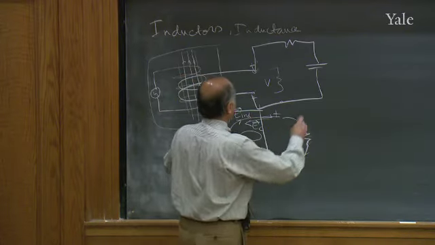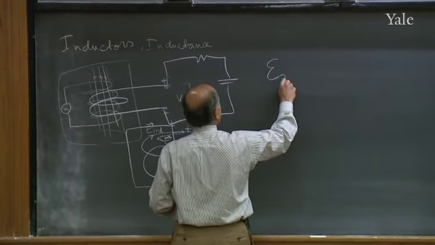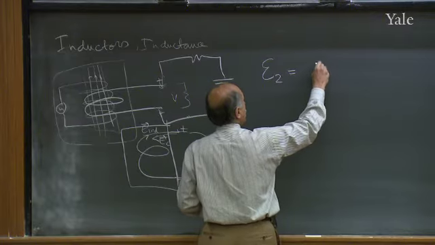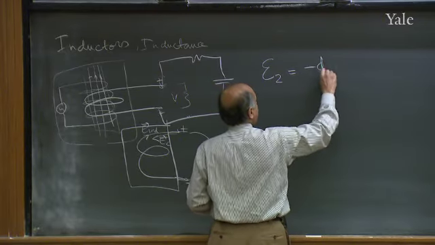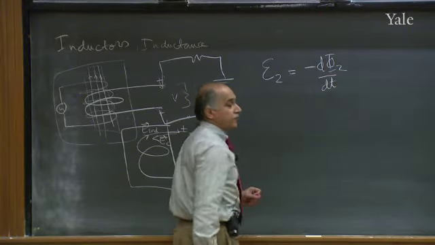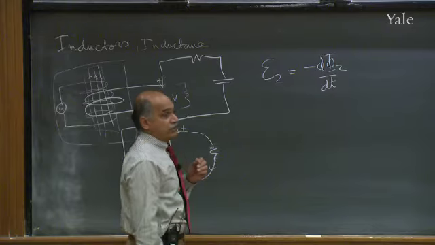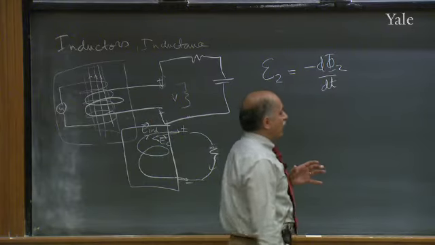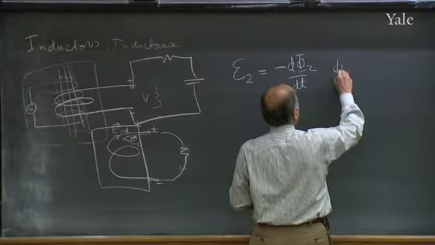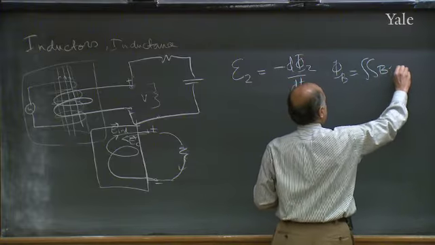Now, we saw that the EMF in the second coil is equal to the rate of change, d by dt, of the flux in the second coil. Now, you've got to be a little careful about flux. Normally, the flux due to the magnetic field is defined as the integral of B dot dA.